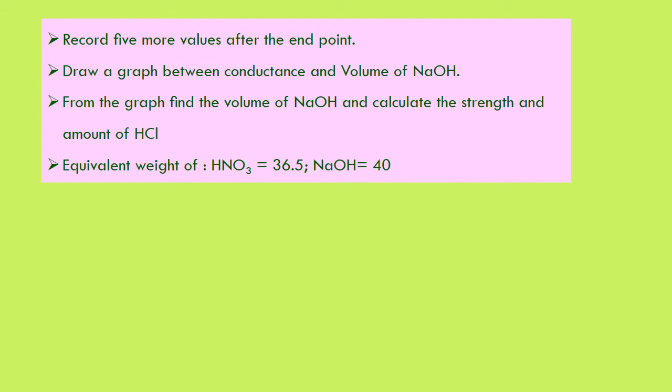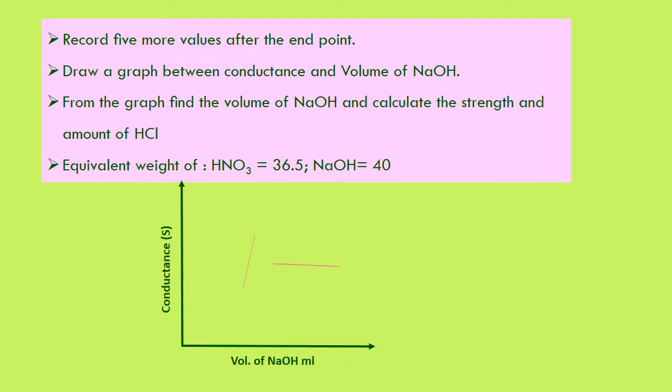From the graph, find the volume of NaOH and calculate the strength and amount of HCl used. The equivalent weight of HCl is 36.5 and the equivalent weight of NaOH is 40. Whenever we write a simple procedure, we need to draw a model graph. So draw the model graph. With this the simple procedure ends.